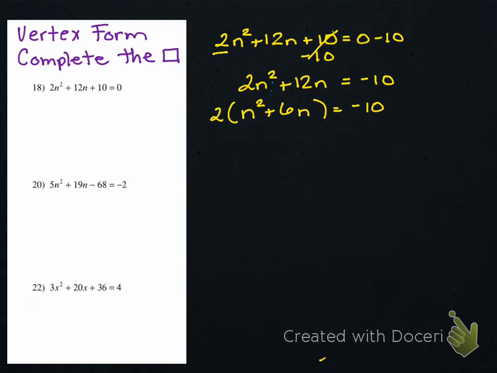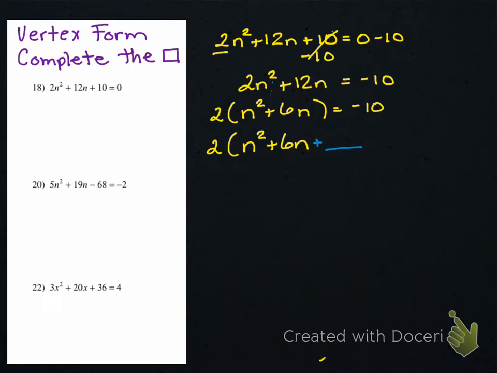Now that I have that taken care of, I'm good to proceed with my process for writing a function in vertex form. I'm going to throw down a different color and add a blank right here.